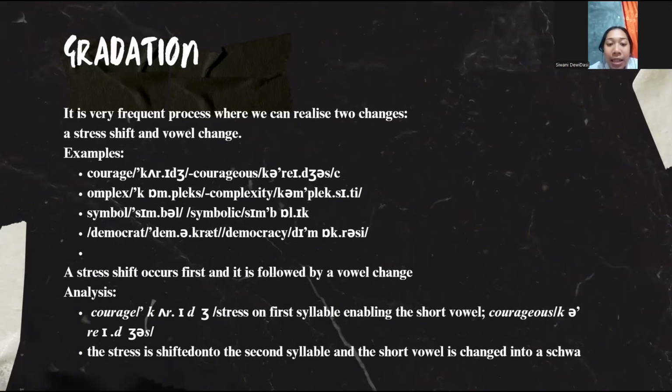A stress shift occurs first and it is followed by a vowel change. For the analysis, we have courage, with stress on the first syllable enabling the short vowel. In courageous, the stress is shifted to the second syllable and the short vowel is changed into a schwa.